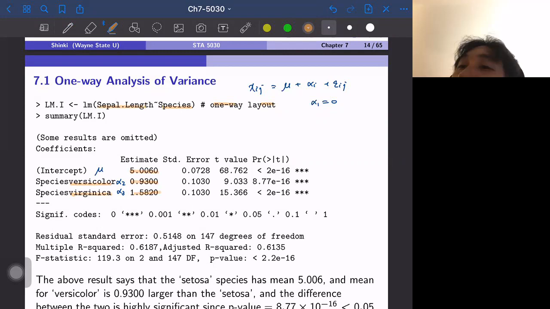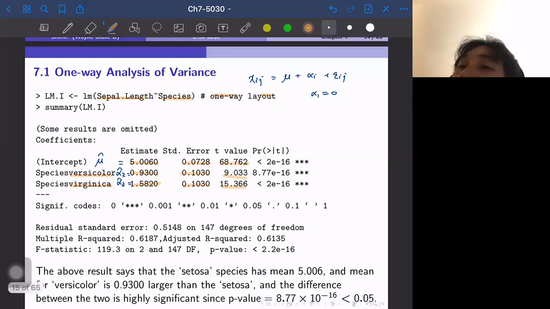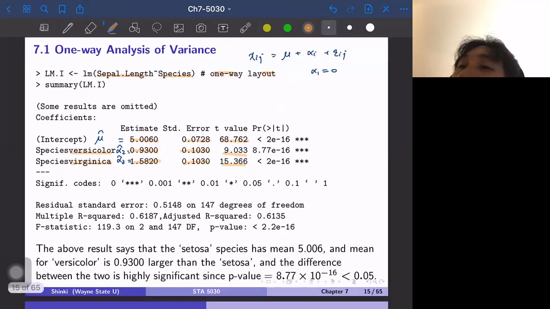So here are the estimates. These are mu hat, alpha_2 hat, and alpha_3 hat. And you can see the standard error and also t-values here. This means that the Setosa, the first group, is the baseline.